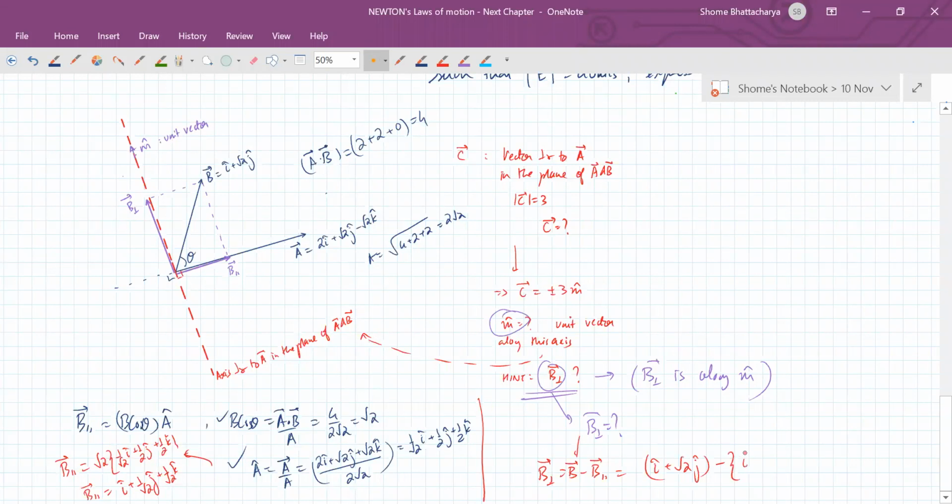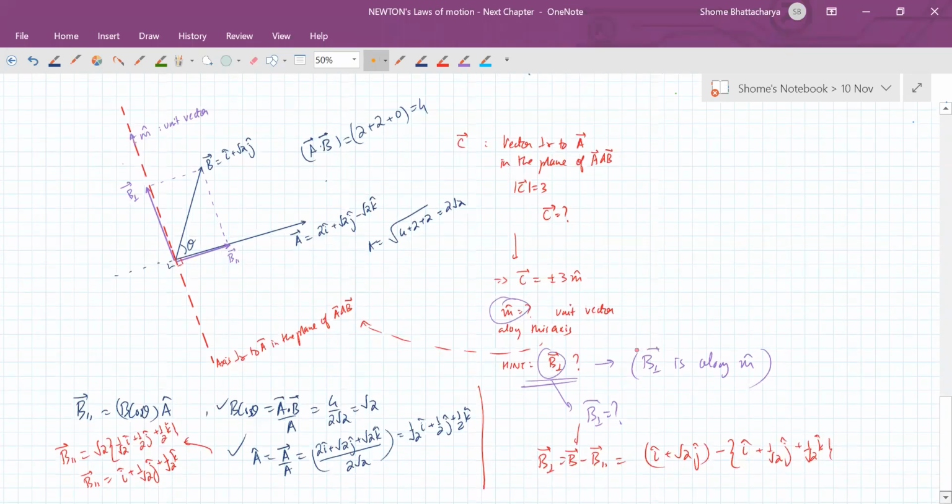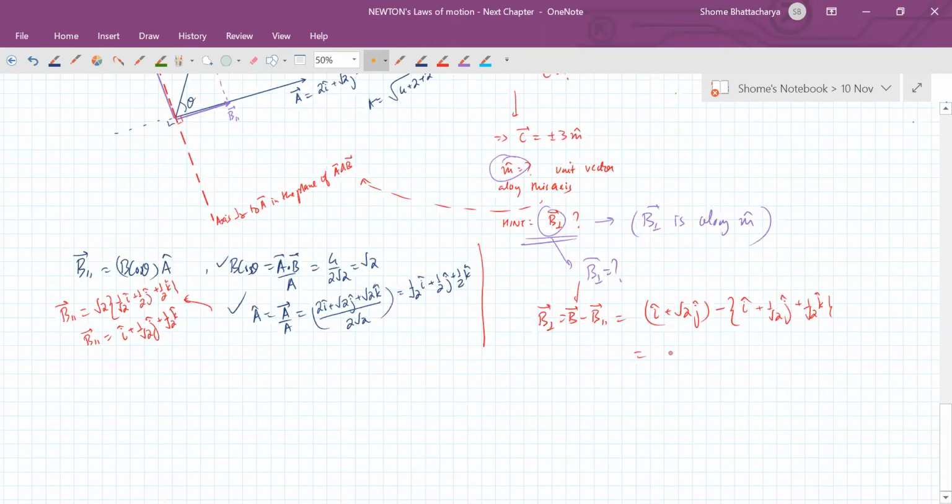So 1 minus 1, that's 0 i cap, plus root 2 minus 1 by root 2, j cap, plus 0 minus 1 by root 2 k cap.